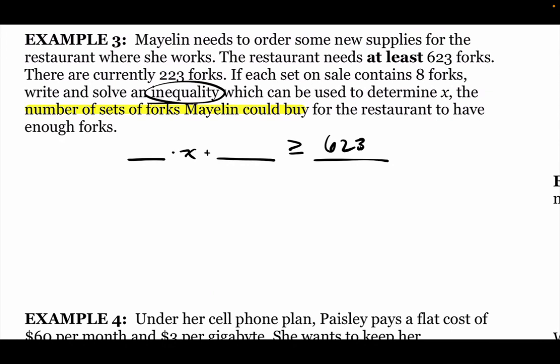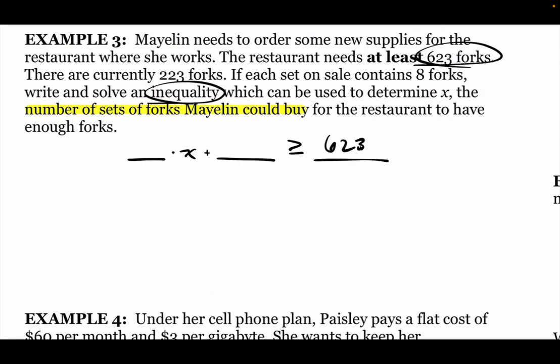Fixed number. What is the fixed number and what is the rate? So 223 represents what she has right now. That's the fixed number, yeah. 223 is the fixed number.